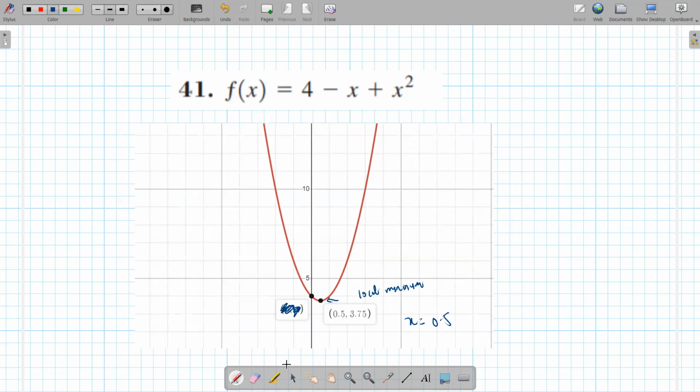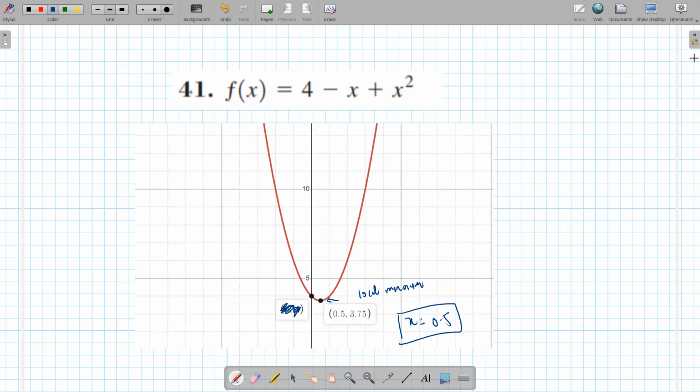I don't think there is a maximum. No, there's none. So at x equals 0.5, there's a local minimum, and that's the answer. It's pretty straightforward if you can graph it. Local min: x is 0.5.